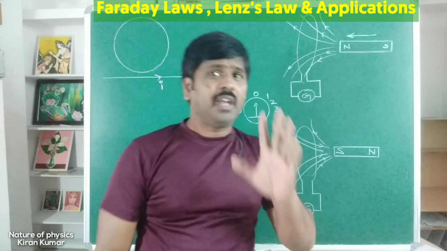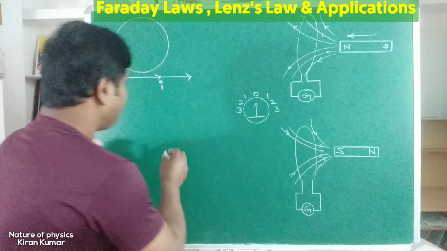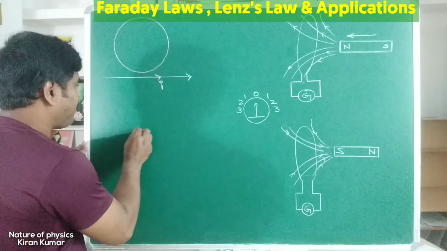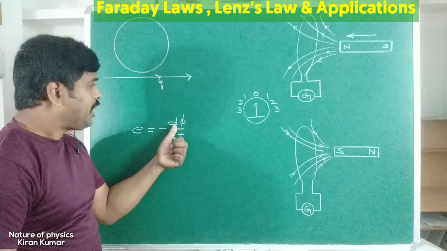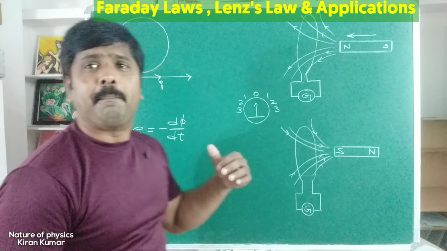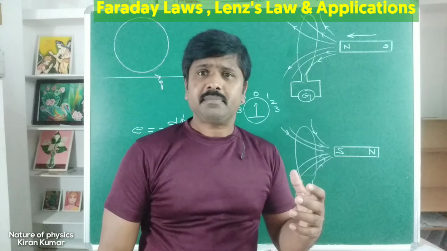According to Faraday's second law, the induced EMF is equal to the negative rate of change of magnetic flux. And by Lenz's law, the induced EMF always produces an induced current which opposes the change in magnetic flux.